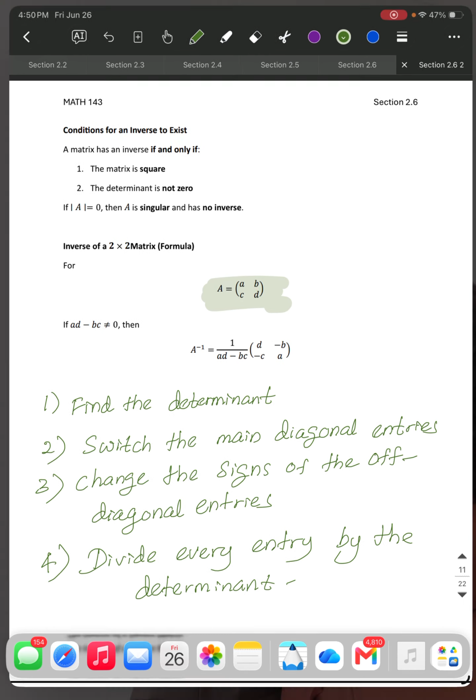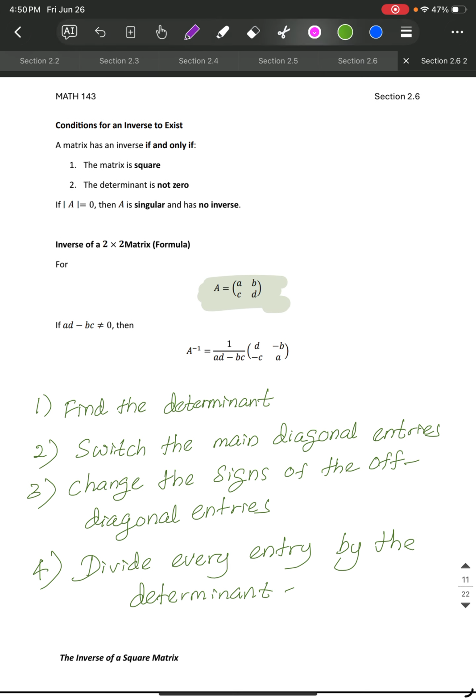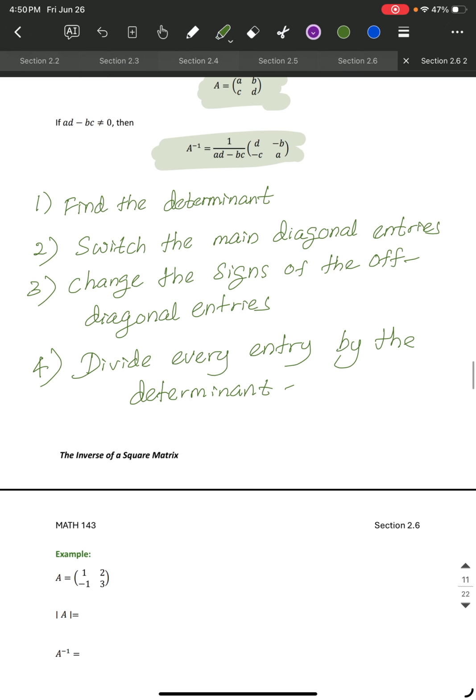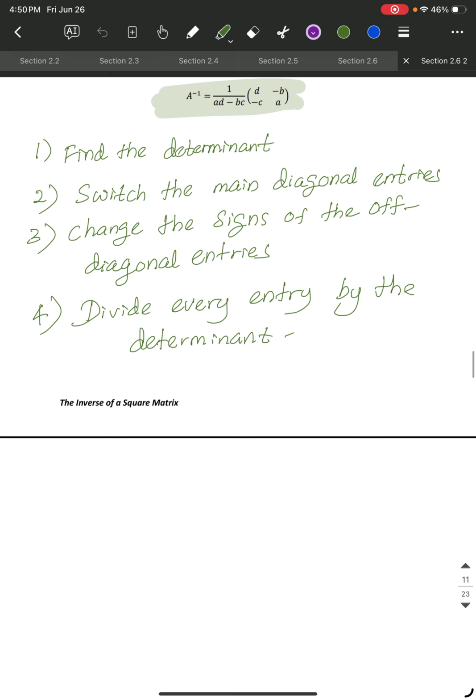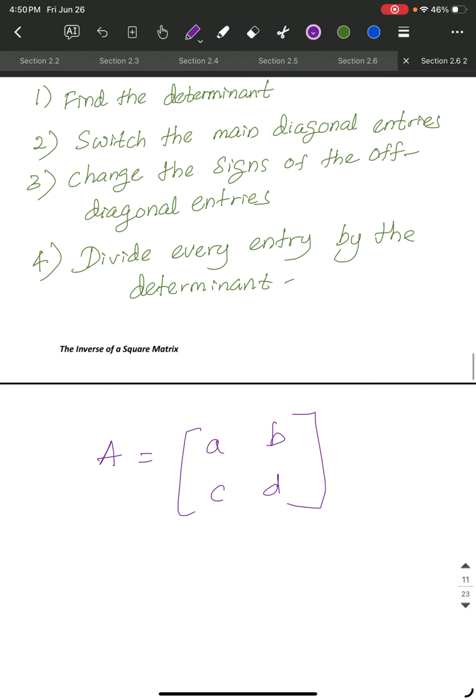Right? Here you can see the formula which I have talked about, but let's see. We have a matrix A with entries A, B, C, D. The first step, find the determinant of A. To find the determinant, multiply the main diagonal and subtract the product of the other diagonal: AD minus CB.